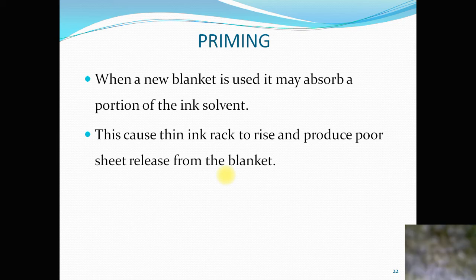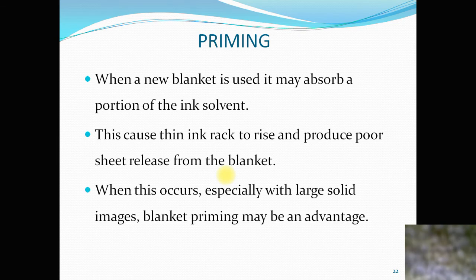So it should not happen. For that, especially with large solid images, blanket priming may be an advantage. So to get rid of this problem, we have to do blanket priming when it is a new blanket.